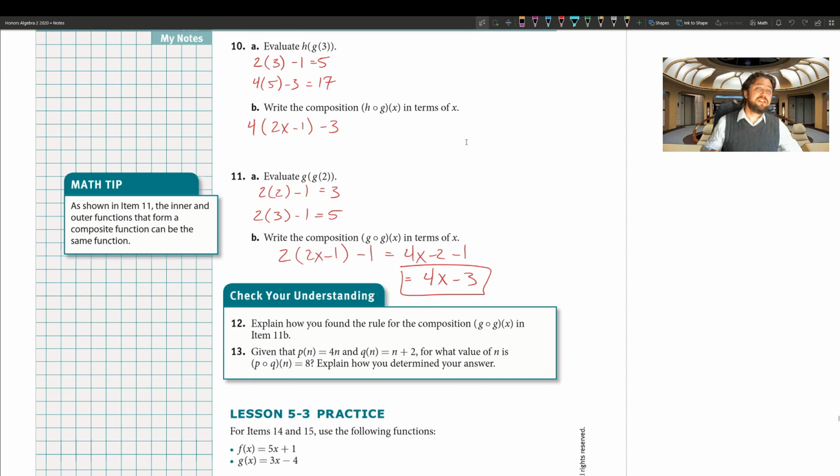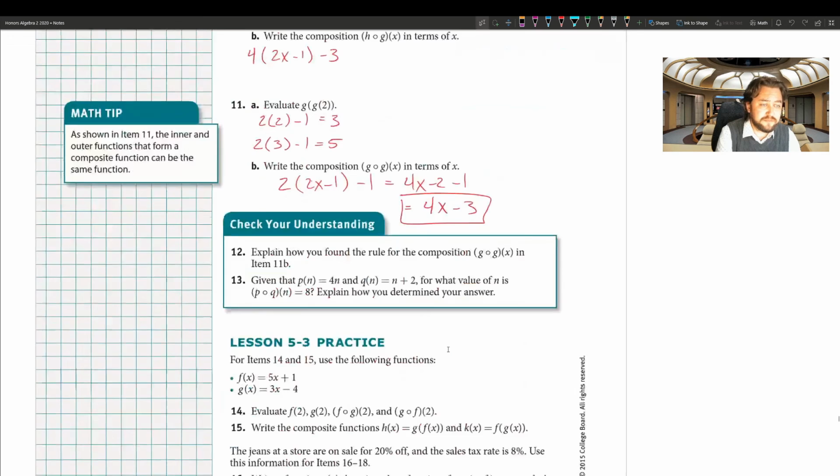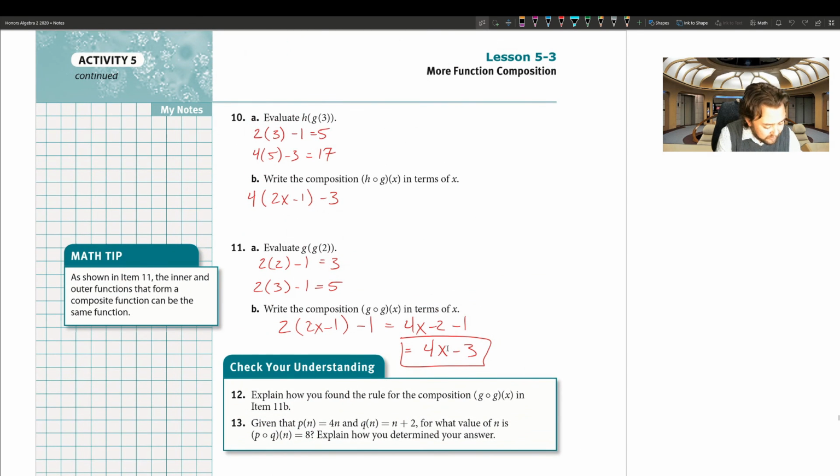Like I said, you're just taking the one function and plugging it into the x of another function and solving it. Take your time, be organized, and these aren't too bad. The only thing that I wasn't super explicit about is that instead of writing g of x, for instance, you could write it in the other notation, and it means the same thing.